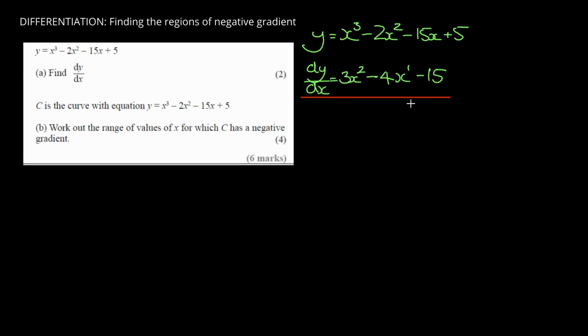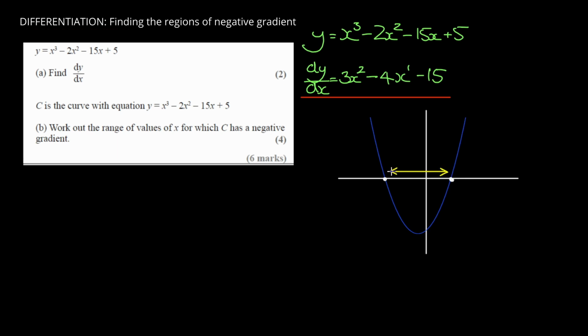This is a quadratic. It will be a U-shaped quadratic, something like that. Without working it out, I don't know where these points are, but you can see my example here crosses the x-axis at 2 points. So it is between these 2 points that the curve sinks below the sea level of the x-axis.